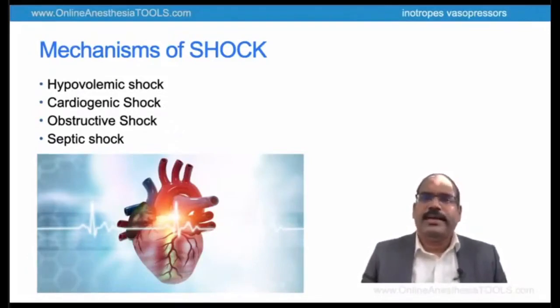The third one is obstruction due to pulmonary embolism, tension pneumothorax, cardiac tamponade, etc., as in case of obstructive shock. The fourth one is the loss of vascular tone due to maldistribution of blood, as you come across in septic shock, anaphylactic shock, or neurogenic shock.